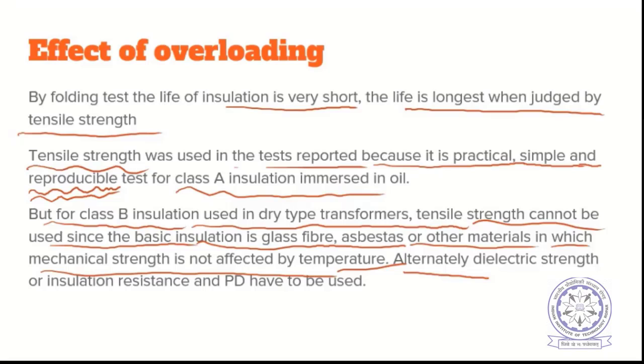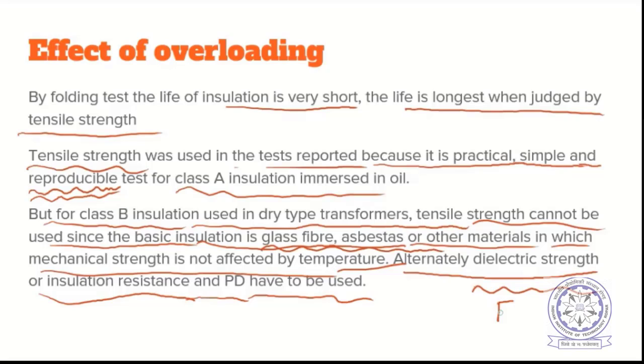Alternately, dielectric strength or insulation resistance and partial discharges, which I will explain later, have to be used for assessing the life of the insulation. Class B insulation means glass fiber or asbestos or such materials used in dry type transformers. Among these, dielectric strength is simply the electric field at breakdown.